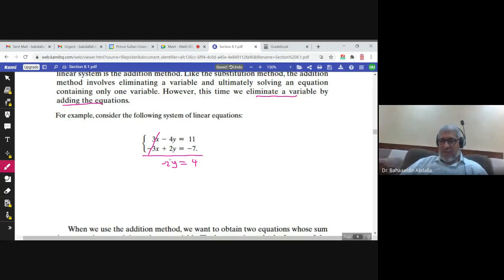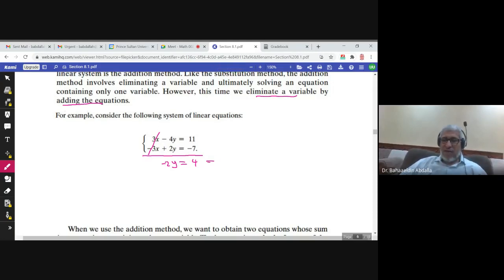So when you add these two equations, one of the variables will disappear. Why? If you look carefully, the coefficient here is 3, the coefficient here is negative 3. So whenever this happens, if one of the coefficients is a and the other one is negative a, then when you add the two equations, this variable will disappear.